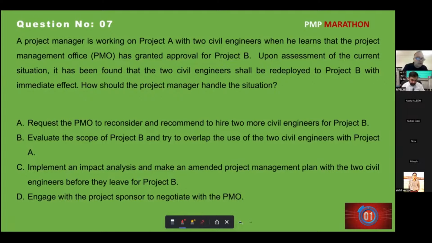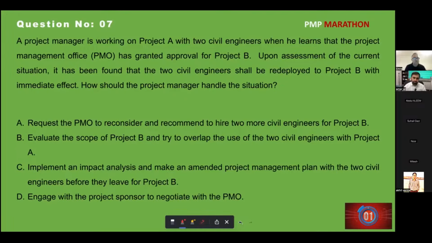If you use the elimination technique, it sounds very good, but it is not always the right answer. But if you do the CD, implement and impact analysis to make amendments to the project management plan with the two civil engineers before they leave for project B, it is the best answer.